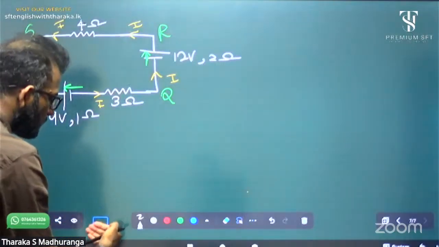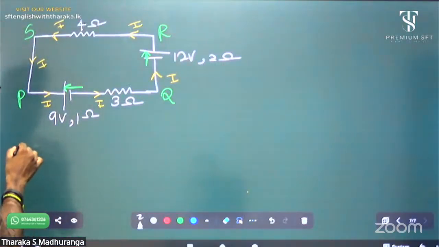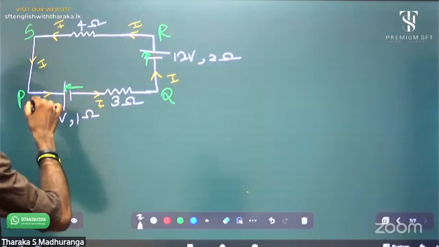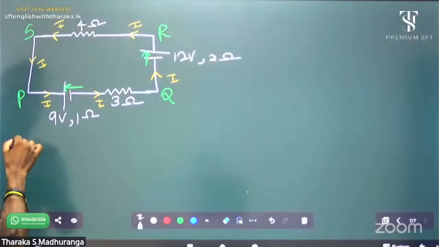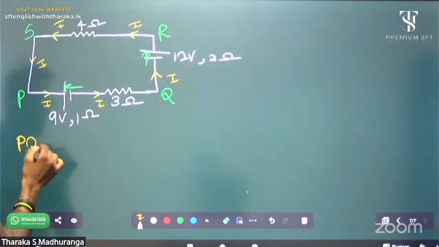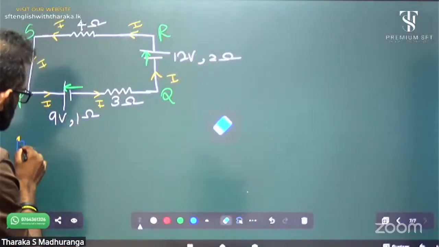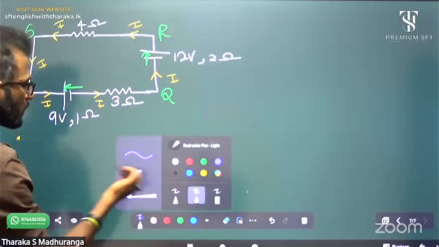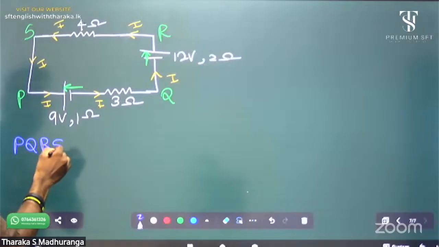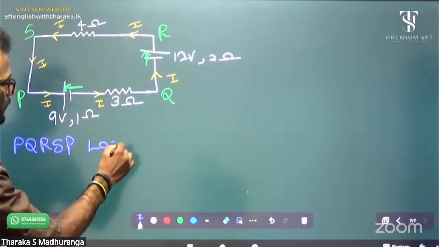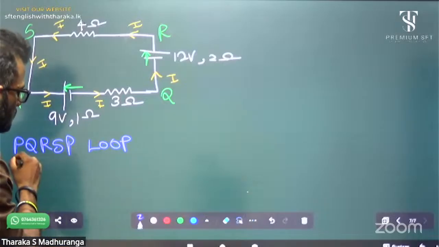Okay. Now same method. I'm going to use Kirchhoff second law into the P Q R S P loop, complete loop, closed loop.